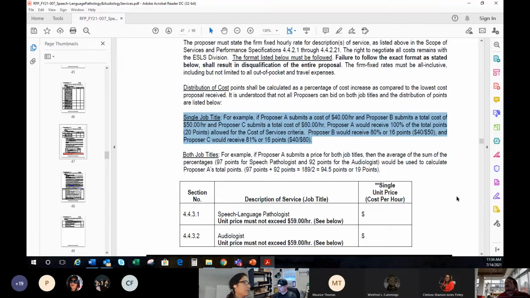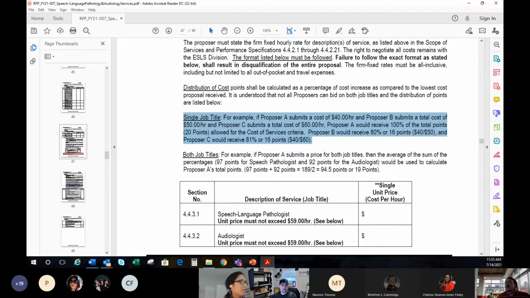Proposer B would receive 80% or 16 points because you're dividing the lowest cost into the next higher cost. And proposer C would receive 81% or 16 points, $40, because you're dividing the lowest into even the next highest cost.